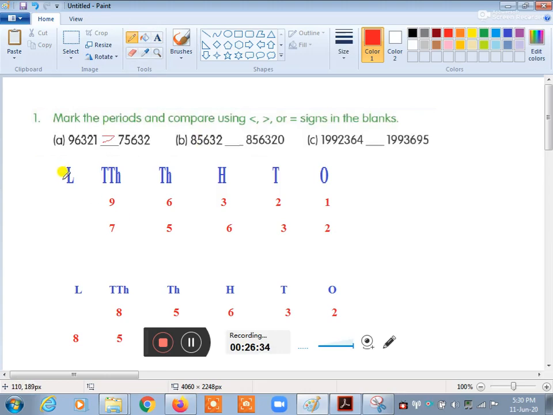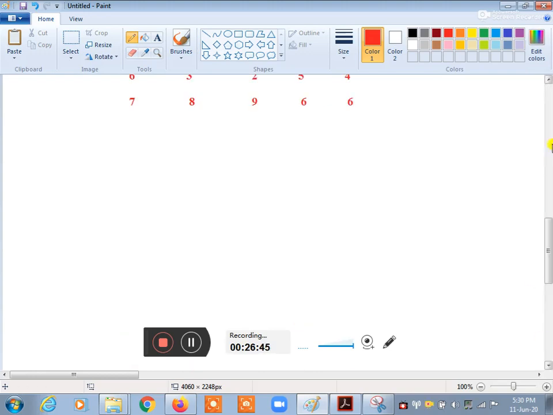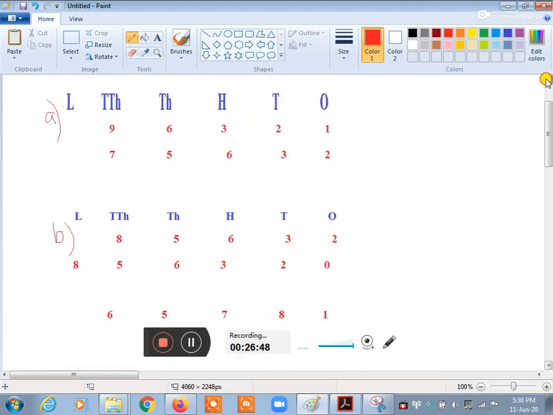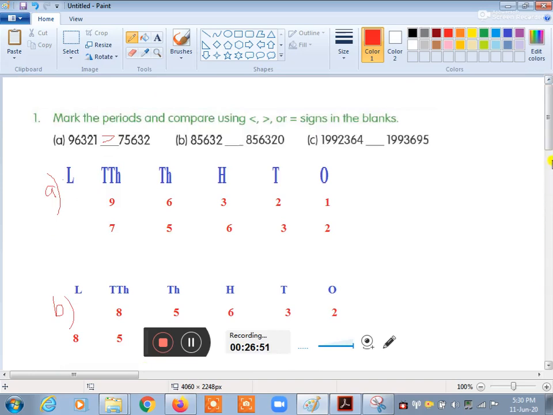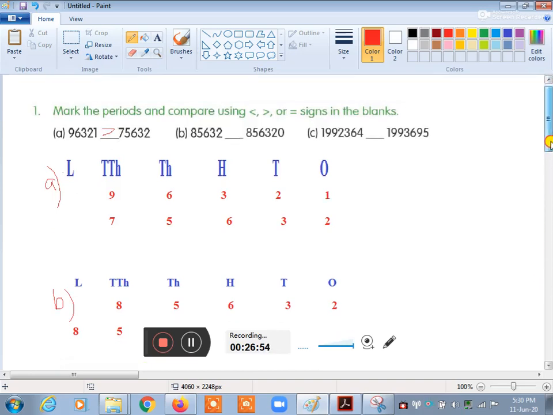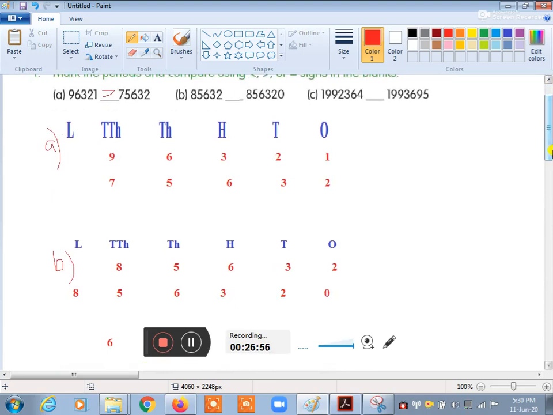So this is the A bit. This is the B bit. So in the B bit, 85,632. So here is the 5 digit number. And here 8,56,320. So here is the 6 digit number.